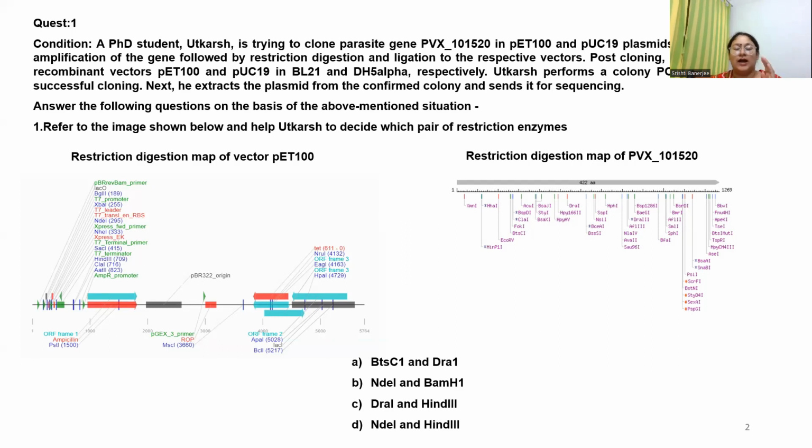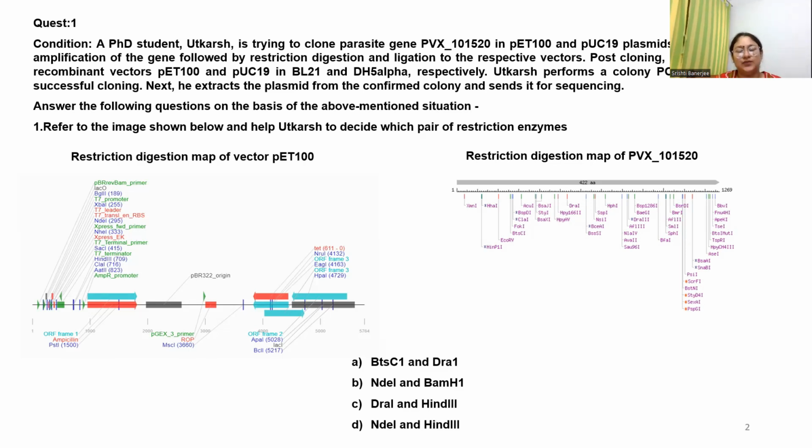After this digestion, you have your small gene, the PVX, with multiple copies of it. Then you ligate that target into the respective vectors. Post cloning, once you have a plasmid which has your gene of interest, you need to transform it into a cell so that it can grow and amplify.